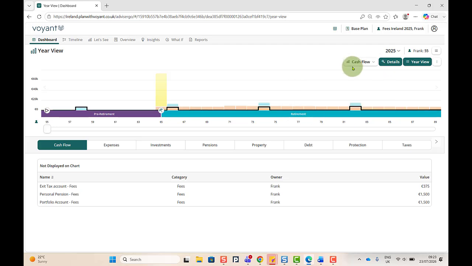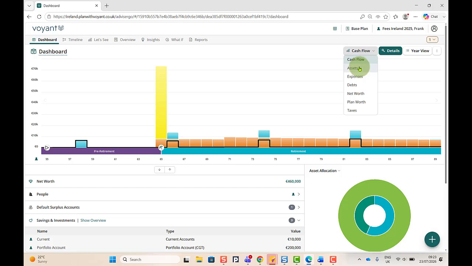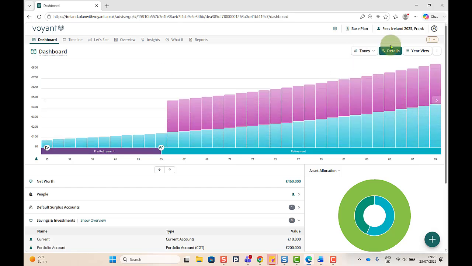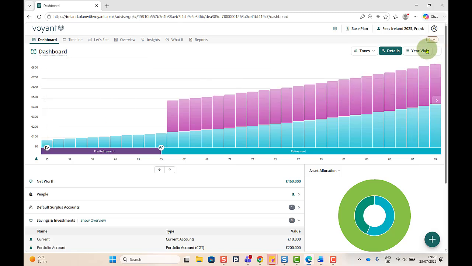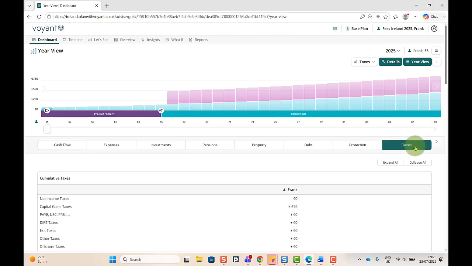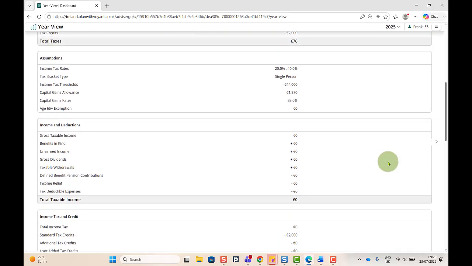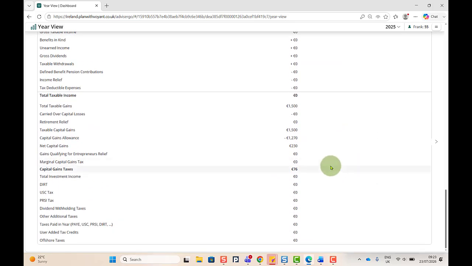I'm going to change the chart, come out of year view, from cash flow to taxes. I'll keep it in details so we can see the different taxes. At the start of the plan, we can see capital gains tax of €76. So to see the workings, I'm going to go back to year view, and I'm going to go to taxes, and I'm going to move down to the relevant section, which is here.